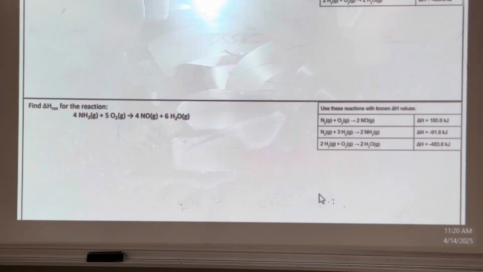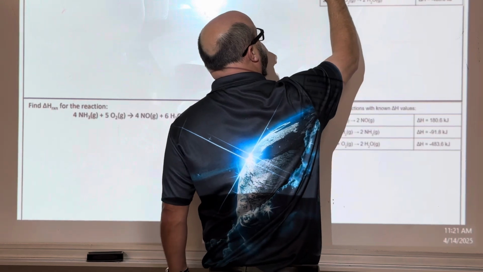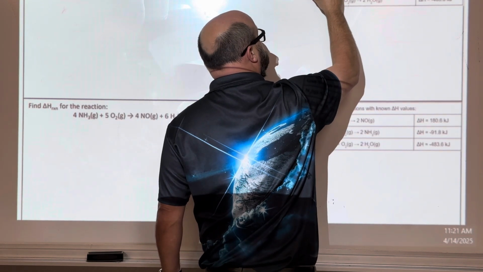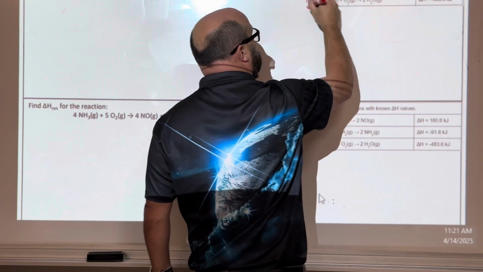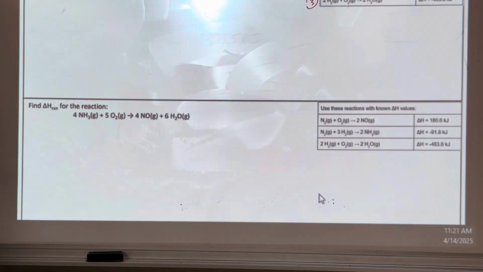So it says find delta H of the reaction for this reaction. And it gives us 3 steps on the right-hand side. First up, number your steps. If they're not numbered, 1, 2, 3. It's kind of hard to see, but you have your notes in front of you, so it'll help.